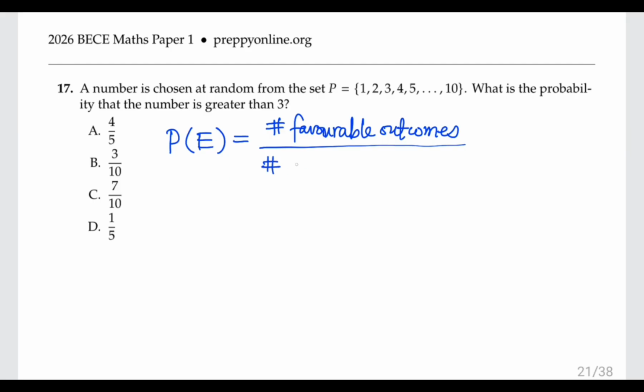So the number of outcomes here means the total number of outcomes.